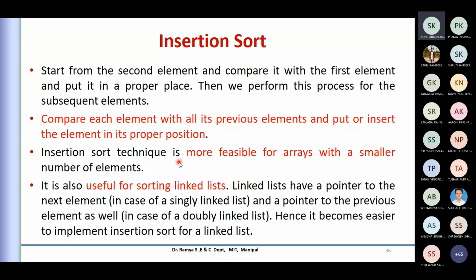Then you insert it and shift the other elements I plus 1 place. We'll see that in the programmatic part also. That is where the name insertion comes from. We are inserting the new key element where you want to place it, then shifting the other elements one place higher up.